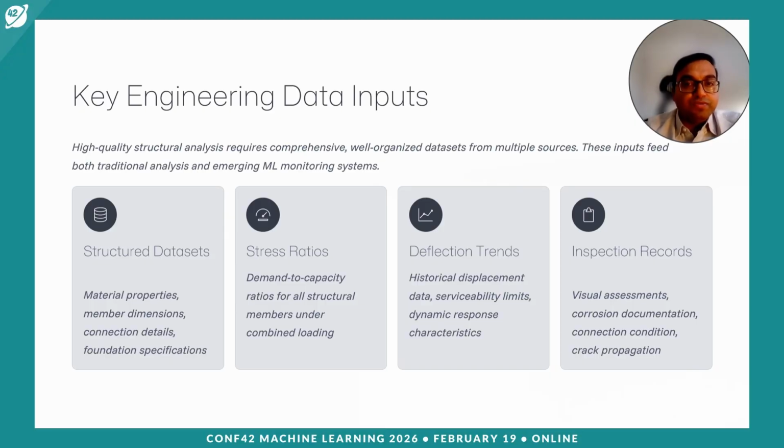Inspection records capture field conditions that a model alone cannot predict: corrosion progression, connection loosening, foundation cracking, and any member damage. When digitized and standardized, inspection data can become a powerful input for predictive maintenance models. Key message here is that each of these data streams independently has value, but when combined and structured, they enable a level of insight that was previously impossible in our industry.